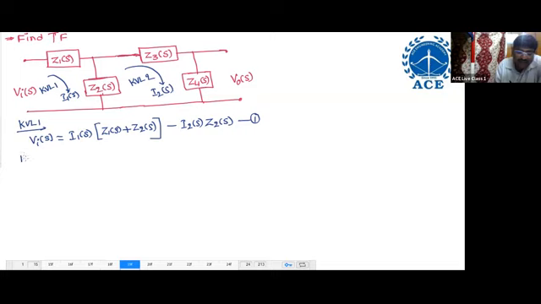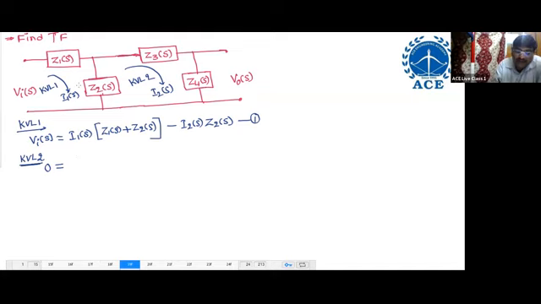Next KVL 2. So what is KVL 2? 0 equals, here no external voltage, so 0. This is the main loop. This current is in the opposite direction.